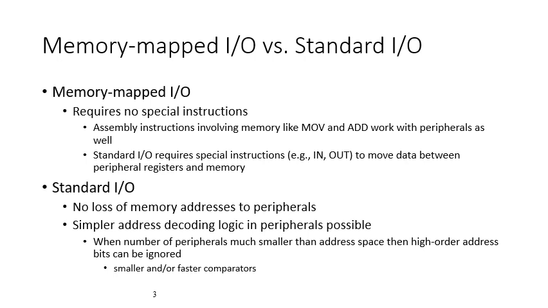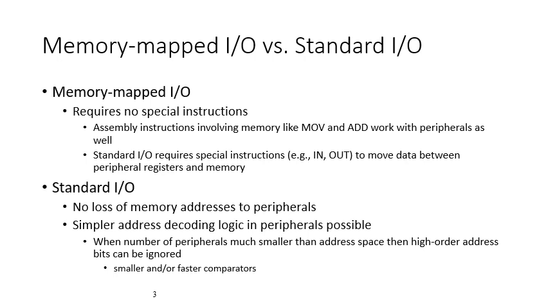In standard input output, there is no loss of memory addresses to peripherals. This is the advantage of standard input output: all the 64K can be used for memory and all the 64K can be used for peripherals. Also, simpler address decoding logic in the peripheral is possible, because we are using the address either for the peripherals or for the memory.